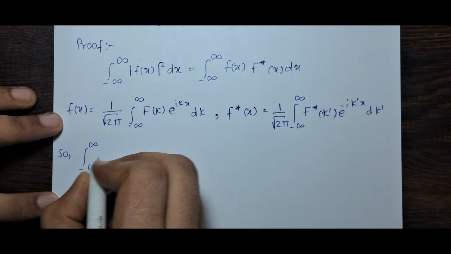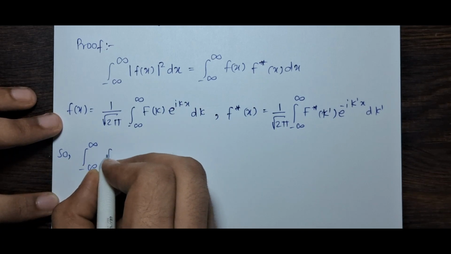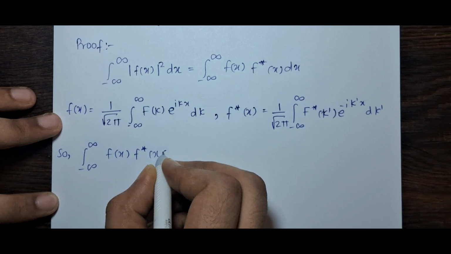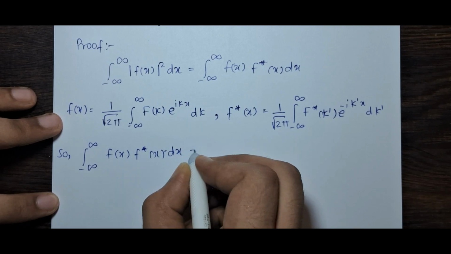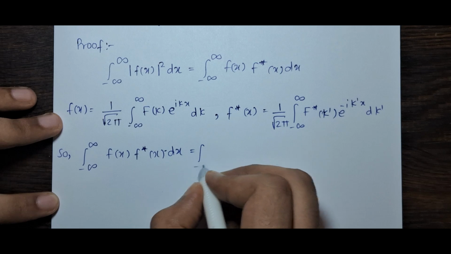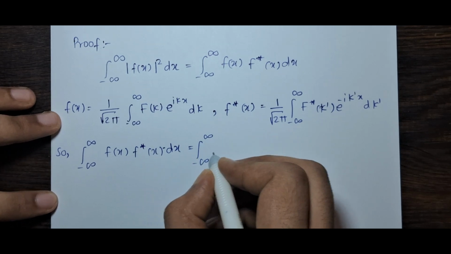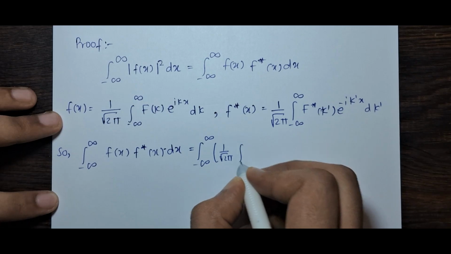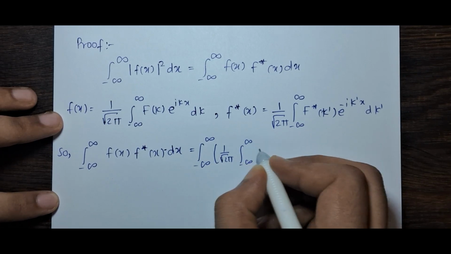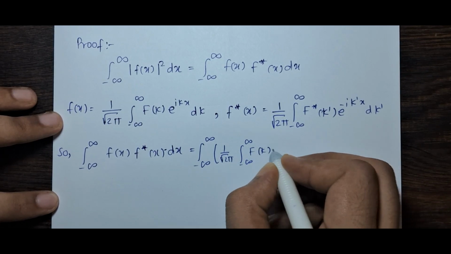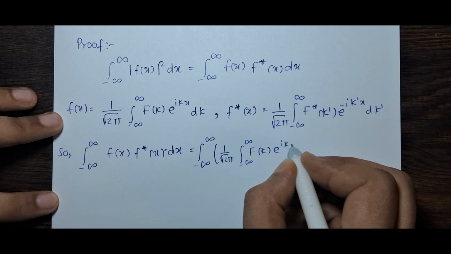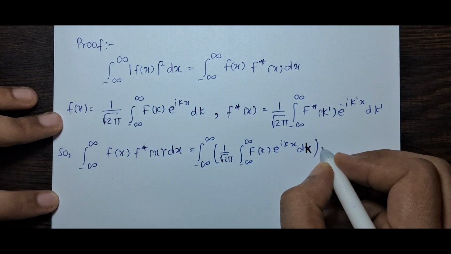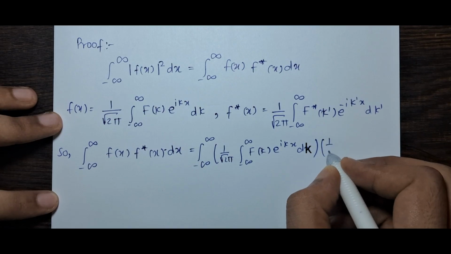Now we start due to infinity. So minus infinity to infinity f of x and f star of x dx, which basically becomes minus infinity to infinity 1 upon root 2 pi. We just basically write it as it is. Now I've kept it in depth for your understanding so that you don't miss any point. And then the conjugate.